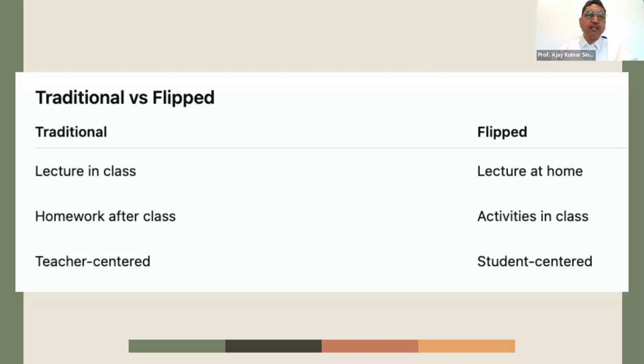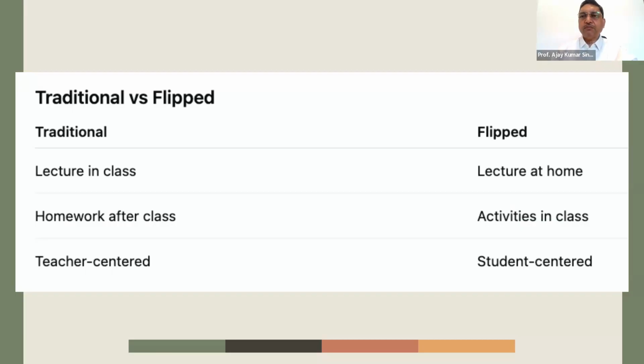If we see the traditional model, which we have been following for quite some time, although the real traditional would be the Gurukul system, the Macaulay system could be called a traditional system around which we have made our education system currently. So those are to be seen as the traditional model where the lecture in the classroom happens.